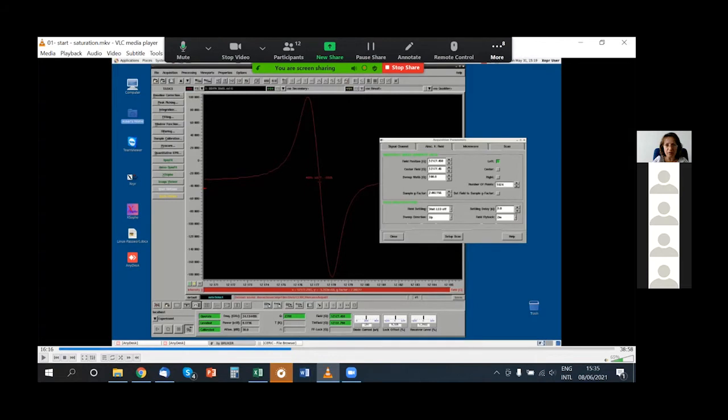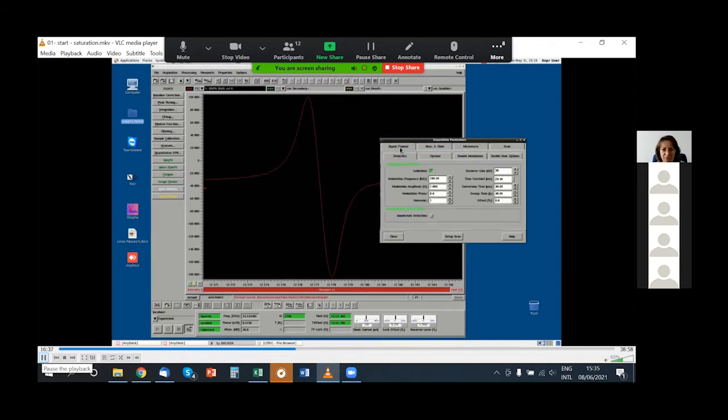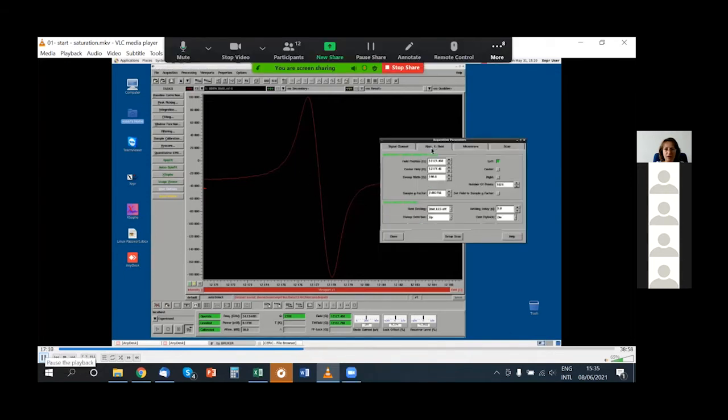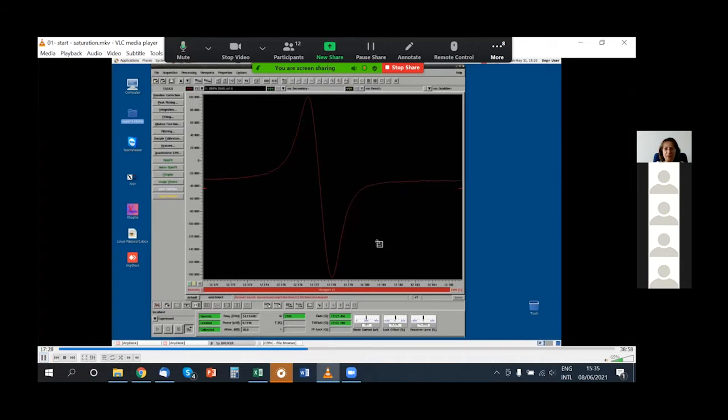And also we can measure from peak to peak the distance. This is the line width. And usually the modulation amplitude you have seen before should be around 3 times smaller than the line width.